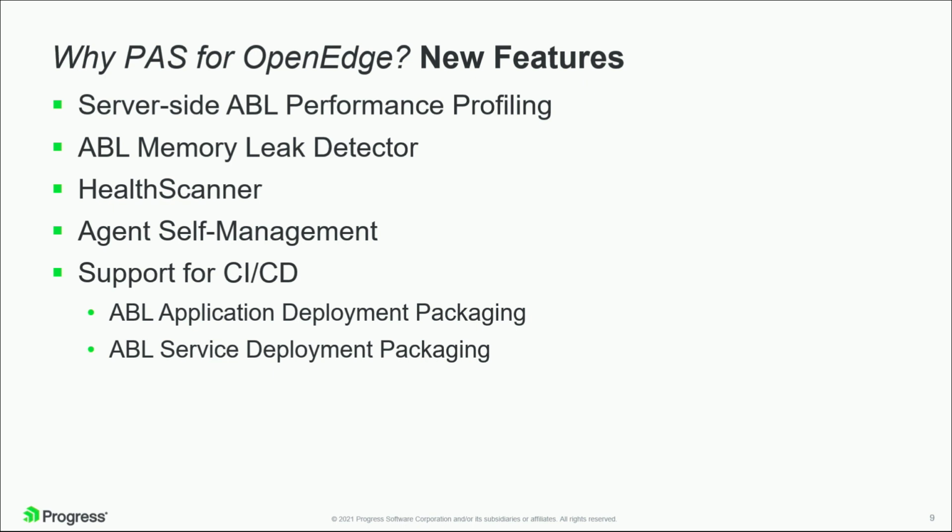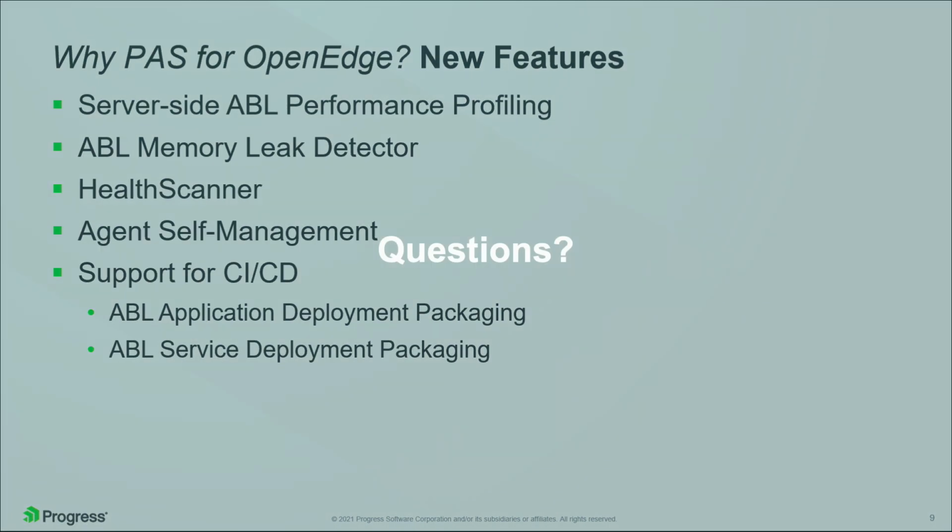I know that distributing applications is something we've kind of left to our customers as well, but we're trying to remedy that and come up with some standard packaging for applications, for services, and in the future for web apps. So there are lots of good reasons, lots of motivators for the new architecture, and lots of good reasons to switch to PAS for OpenEdge.